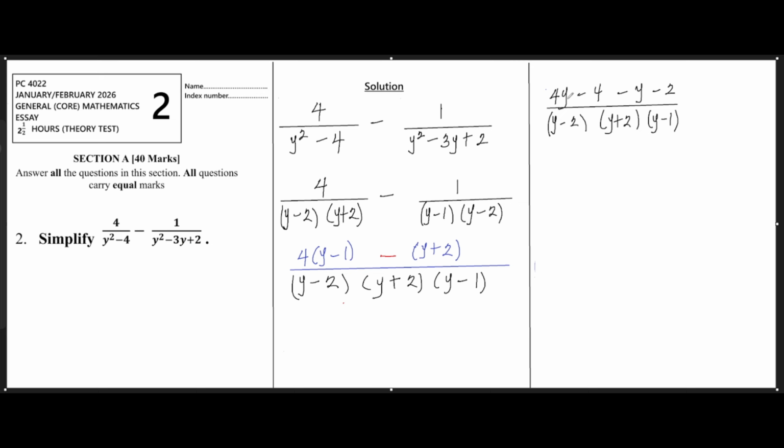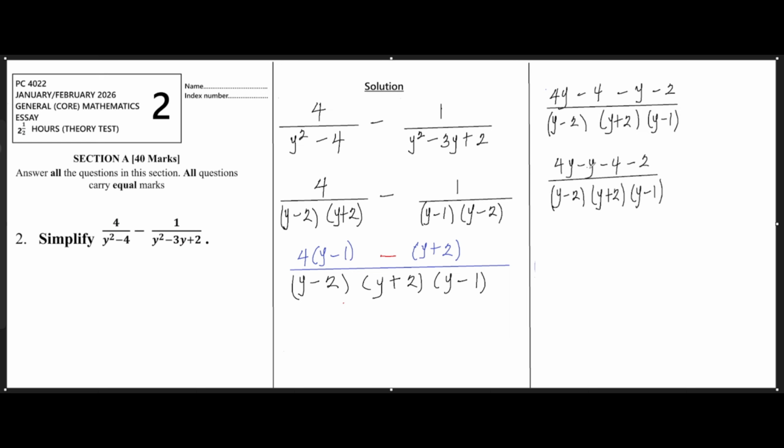So I think we still have some common terms. 4y, okay, let me group them so that it makes it easier for us. 4y minus y minus 4 minus 2, all divided by the LCM, which is y minus 2 multiplying y plus 2 multiplying y minus 1.